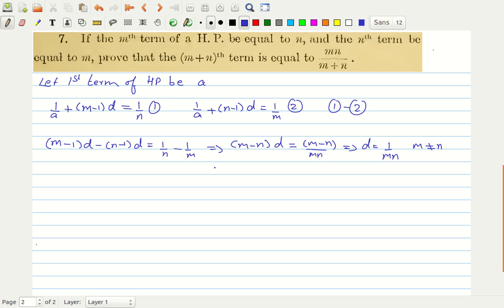What about finding a? For finding a, we simply substitute the value of d in either of these equations.